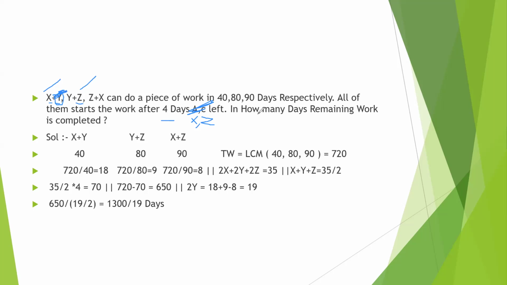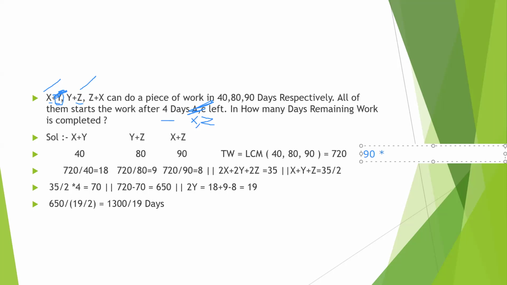So now we first have to find the total work. Here the total work is nothing but the LCM of the given days, the LCM of 40, 80, 90. How to find the LCM quickly? Here the highest value is 90. Then 90 star.